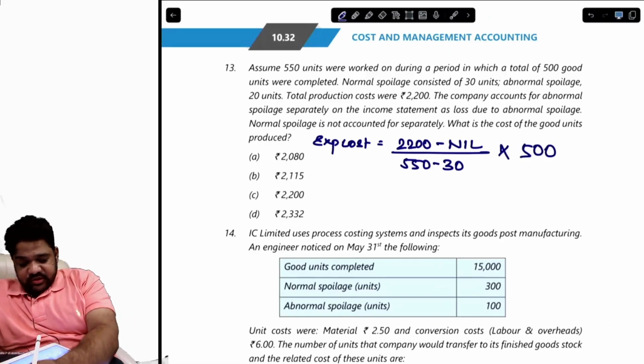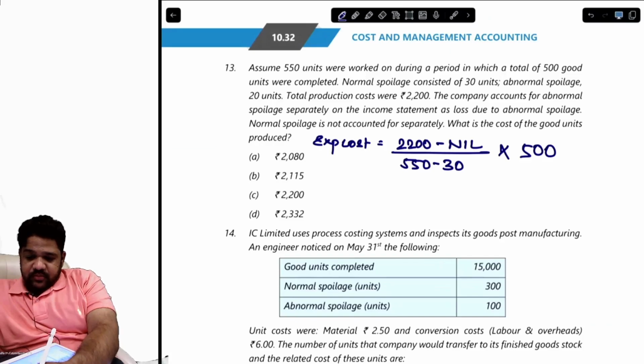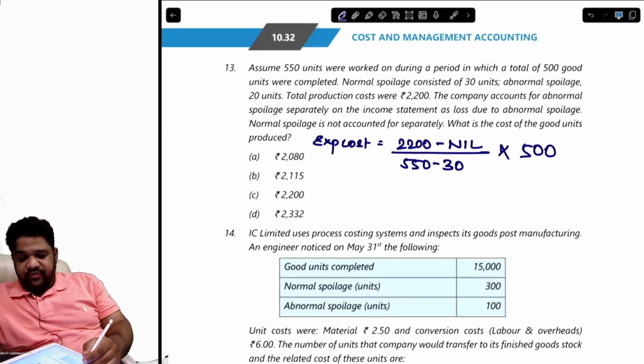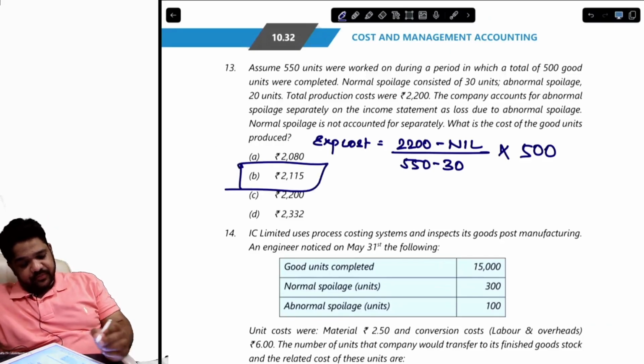Let's see how much it comes to. 2,200 minus nil divided by 520 into 500. 2115, B.